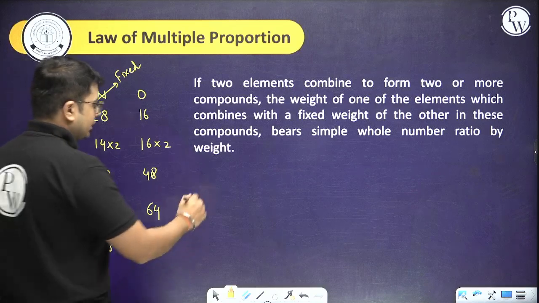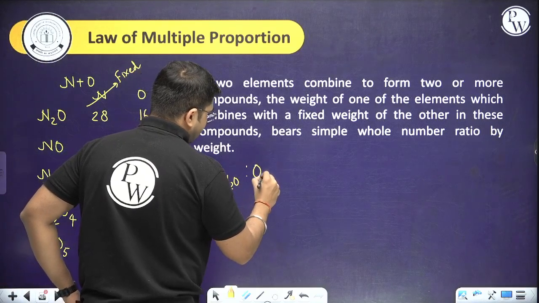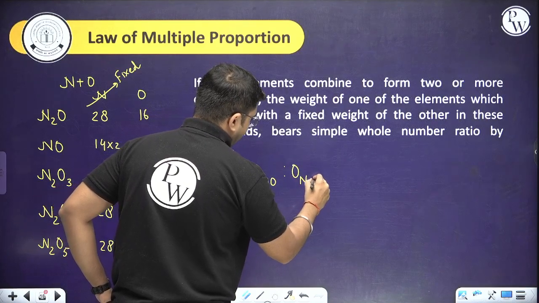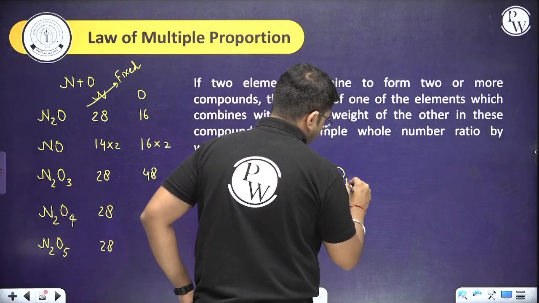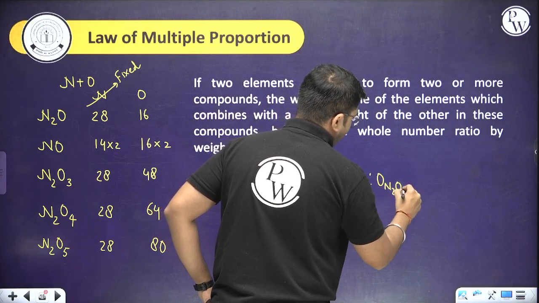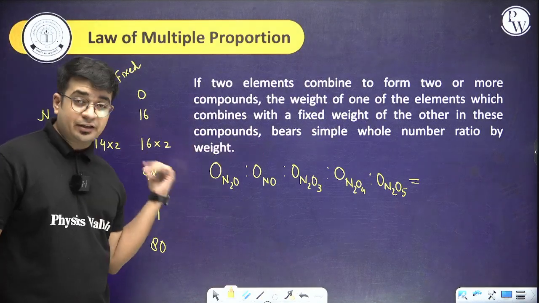Now you can see oxygen in case of N2O is to oxygen in case of NO is to oxygen in case of N2O3 is to oxygen in case of N2O4 is to oxygen in case of N2O5. Just look at the ratio of the same element in different compounds.